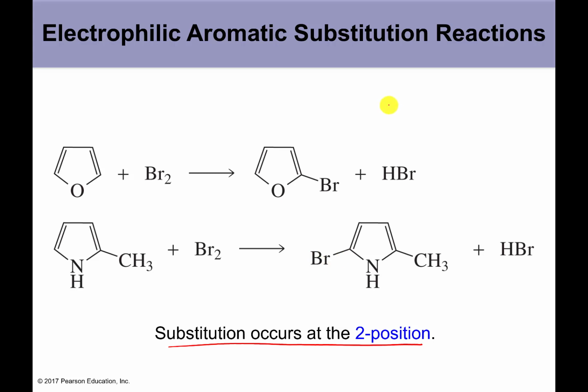If I have 2 methyl groups, so let's say I've created this, for example, then it'll go to the 3 position. Since the 2 positions are occupied by methyl groups, then the 3 position is the only position available. That's the position the substitution will take place at. For most of these reactions, you need some sort of Lewis acid catalyst.